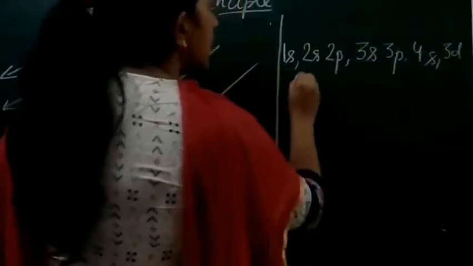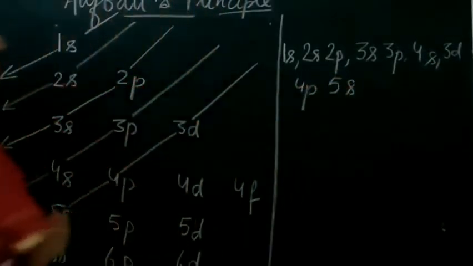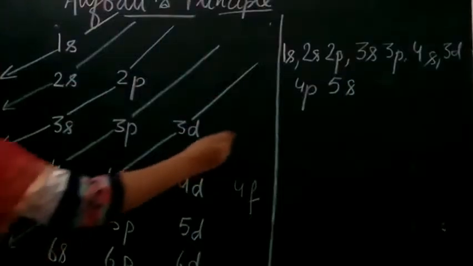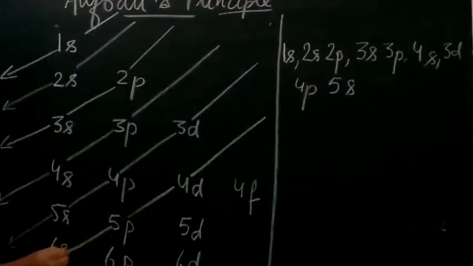So it is 3d, 4p, 5s. Now it will be 4d, 5p, 6s.